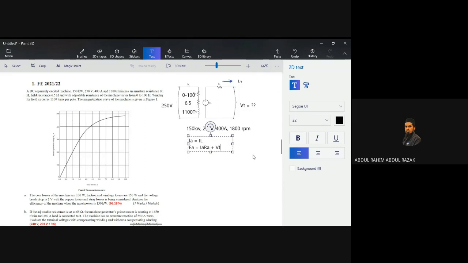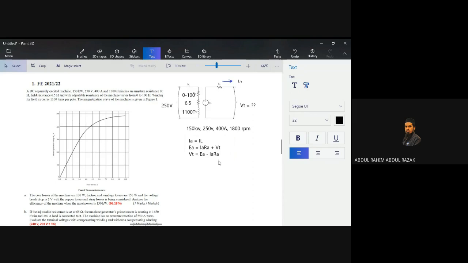Because VT is our output, you can rearrange the equation: VT is equal to EA minus IA RA. This is the corresponding equation you can derive directly from the circuit.